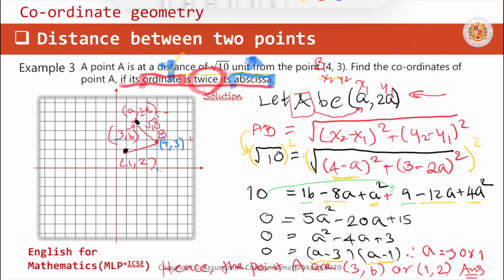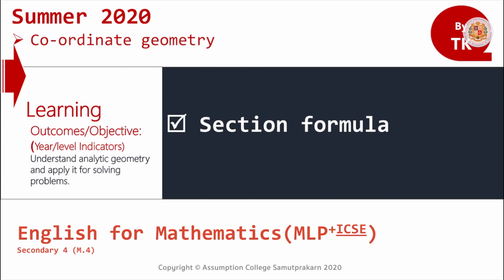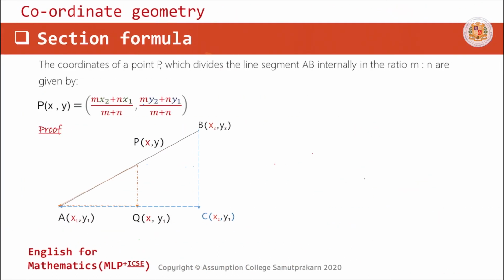So let's move on to the next topic, which is the section formula. We're going to have to understand analytical geometry and apply it for problem solving. We start with something very similar to this formula. We're going to prove this formula right here.